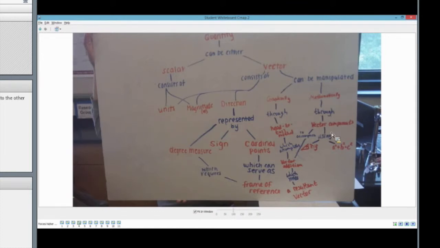And so as I was going around, I might look at that and say, okay, you talk about vector components. What about vector components, right? How are you mathematically doing that? Just getting them to really interact with the material and debate each other, which happens quite often, especially when we get further on in the year.